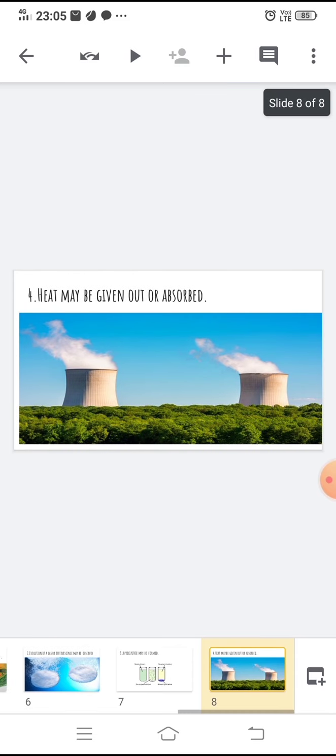Fourth one, heat may be given out or absorbed. Heat may be given out or absorbed during the chemical reaction. These are all the characteristics of chemical changes.